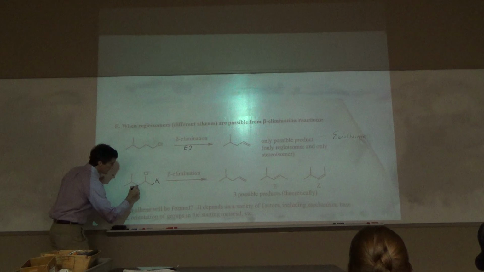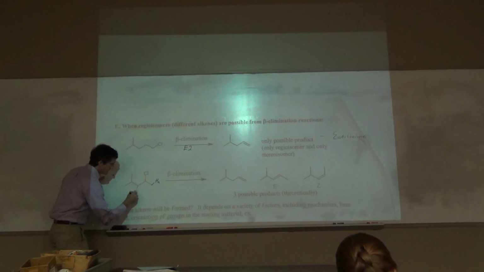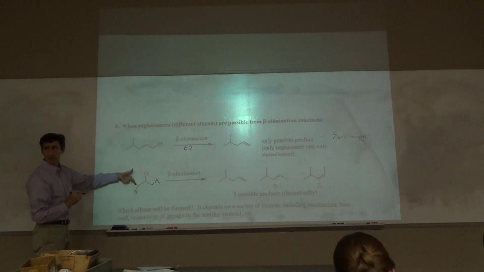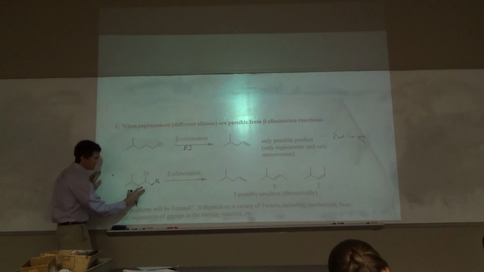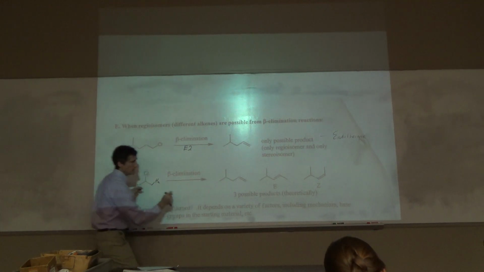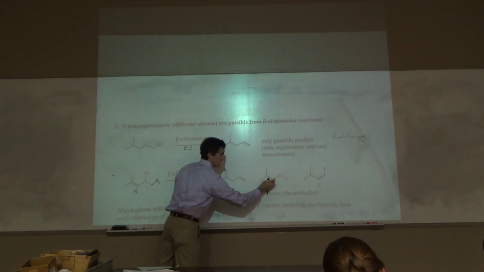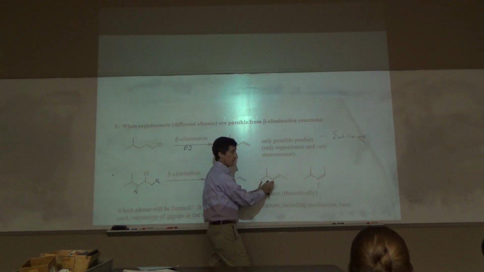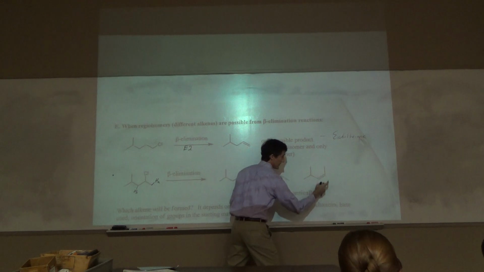But we can also eliminate over here, and I'll call that HB. There are 2 H's here, I'm only showing 1. If we eliminate it over here, we put a double bond between carbons 2 and 3. But hold on, this product is stereogenic, so it could either be E or Z.